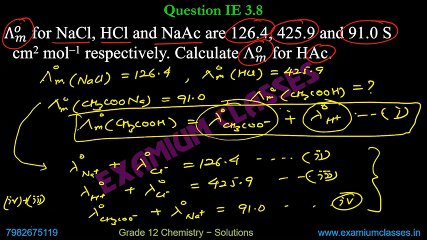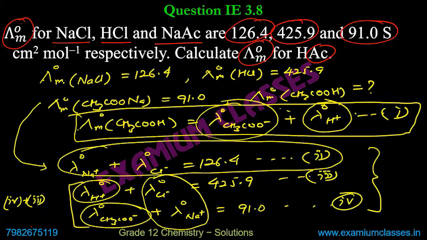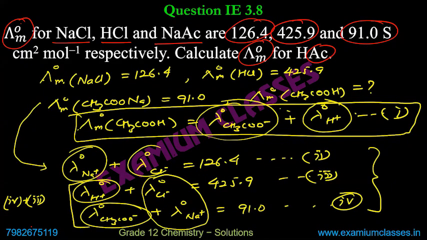Now when you add these two, apart from what you need, you will have these extra, Na plus and Cl minus extra. It means you need to subtract the second equation, because second one has Na plus and Cl minus. So subtract the second one. You will get the first one. If it is not clear, let me know, because these types of questions normally appear in your examination.